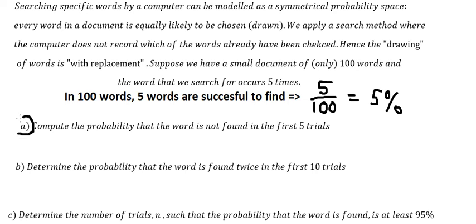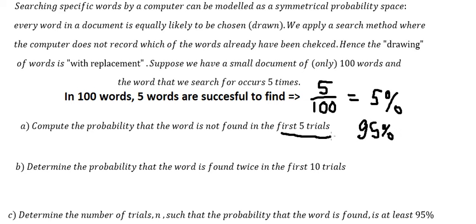So question A, we need to find the probability that the watts is not found in the first 5 trials. So that means unsuccessful in this one, that is about 95%. That is about 1 minus 5%. You got 95%.